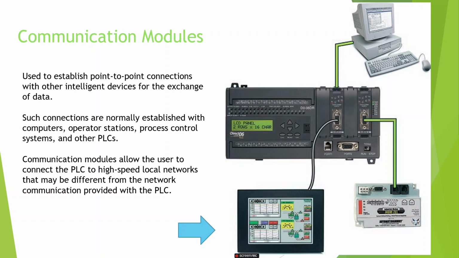Some connections are normally established with computers, operator stations, process control systems, and other PLCs. Communication modules allow the user to connect the PLC to high-speed local networks that may be different from the network communication provided with the PLC.